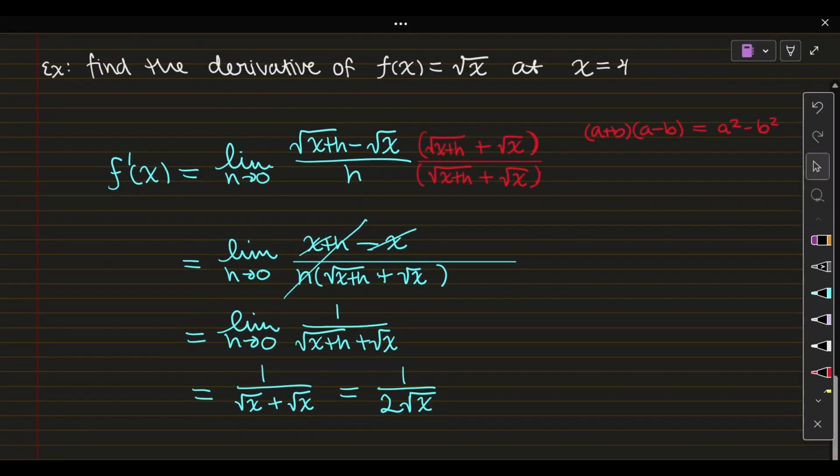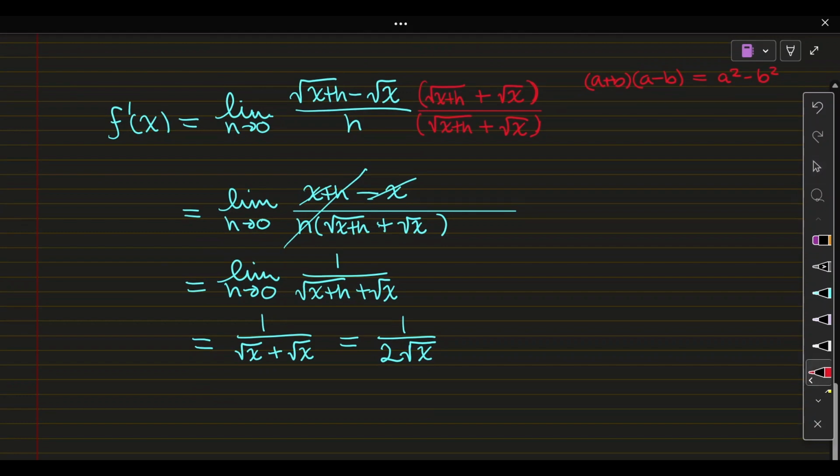Great. And I want to evaluate that at x equals 4. So f prime of 4 is 1 over 2 square root 4, which is 1 over 2 times 2, which is 1/4.